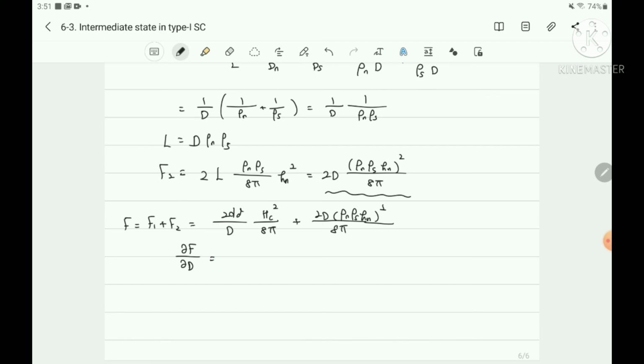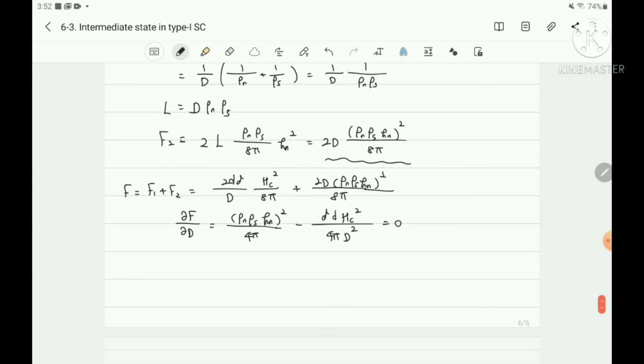In this case, the second term is 4 pi rho n rho s Hn square, and the first term minus 4 pi d square delta Hc square, and it should be 0 to find the minimum value.